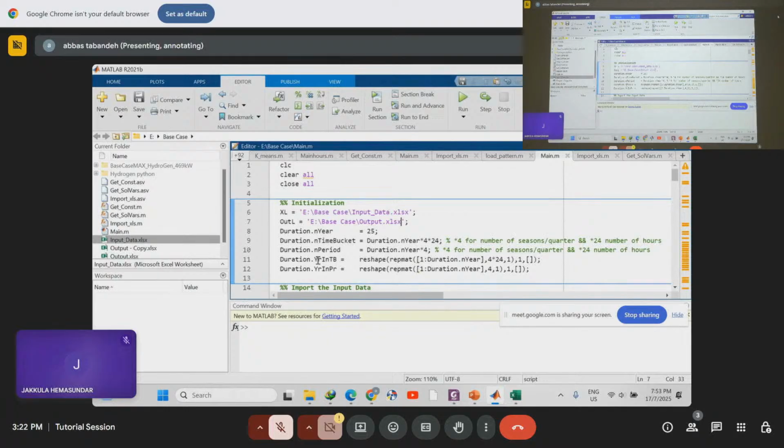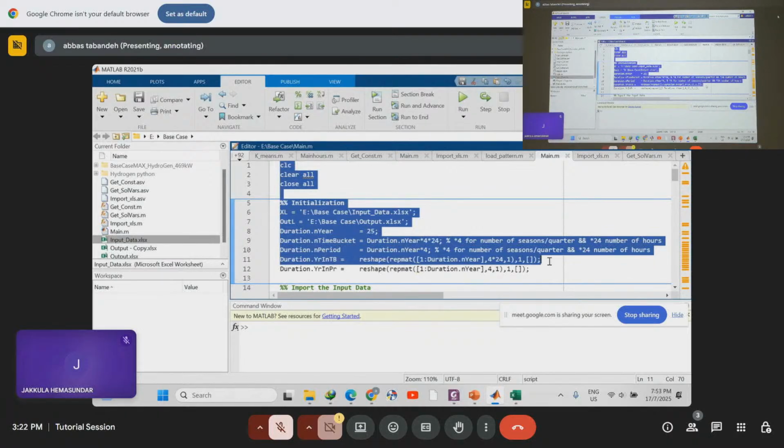Therefore, I will run it for you to see what, for example, year in time bucket shows for us. I run it. You can also run it yourself.